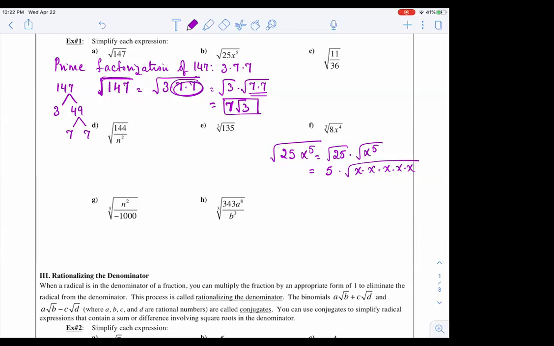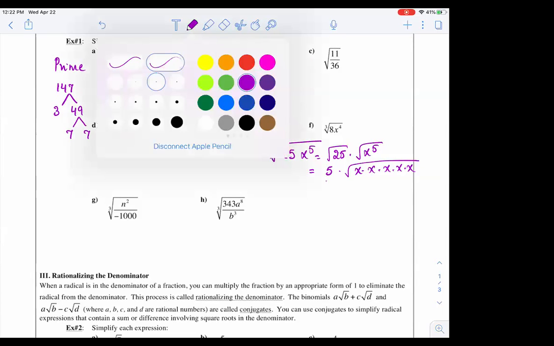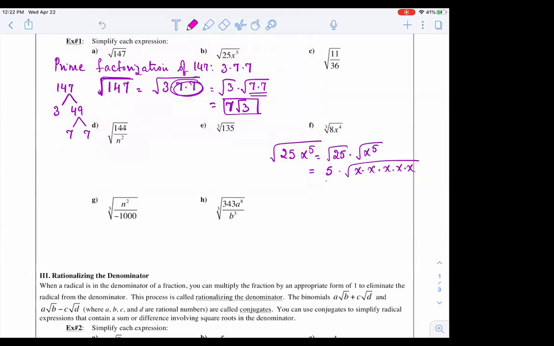Now, do you see that the 5 is outside the radical? Why? Because the square root of 25 is 5. Don't put the square root for 5 also. Now, as I told you guys earlier, every pair vanishes, but when that vanishes, you get one of them outside.